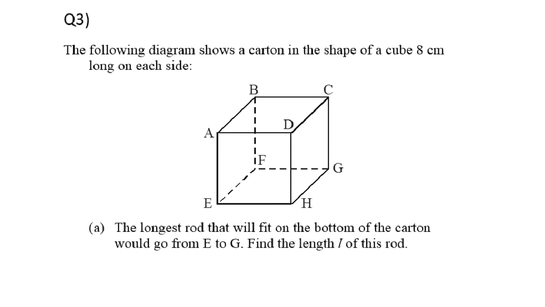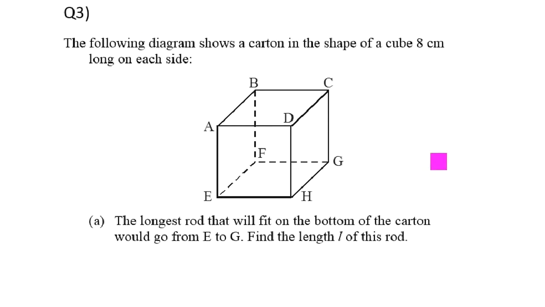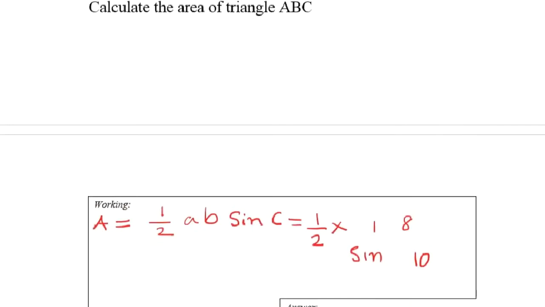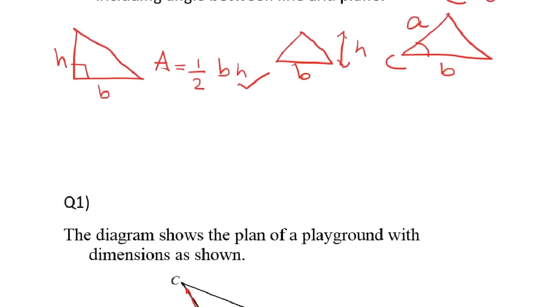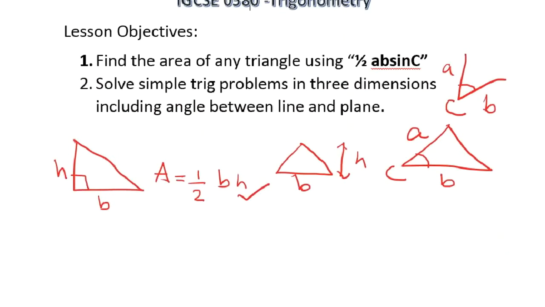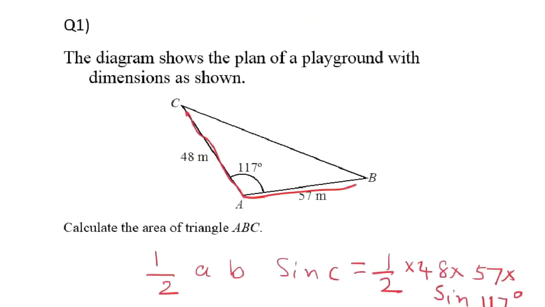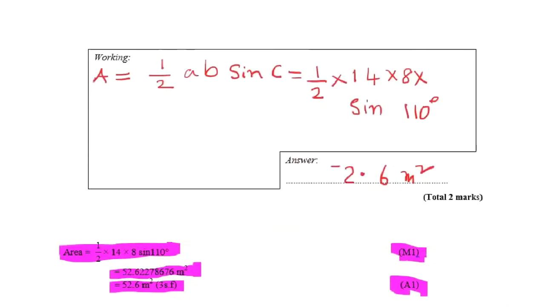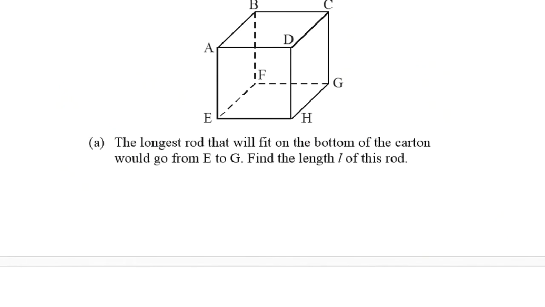Okay, let's move on to our second lesson objective. What was that? Solve simple trigonometric problems in 3 dimensions, including angle between line and plane. You know what is the difference between line and plane?